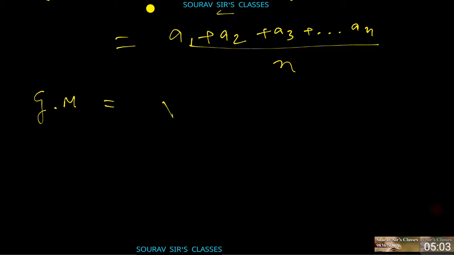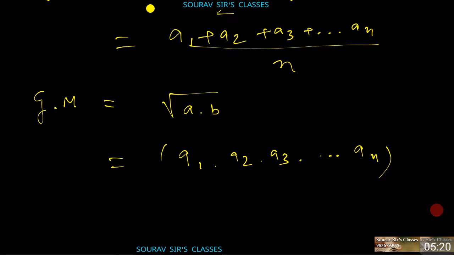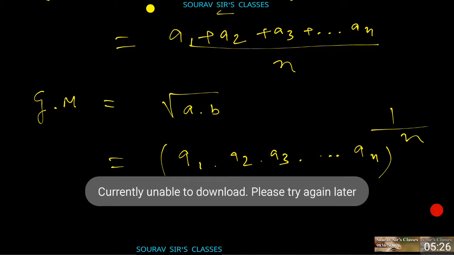For any two numbers, the geometric mean is root over a into b. But for n numbers, the geometric mean is a1 into a2 into a3 till an, the whole to the power 1 by n.